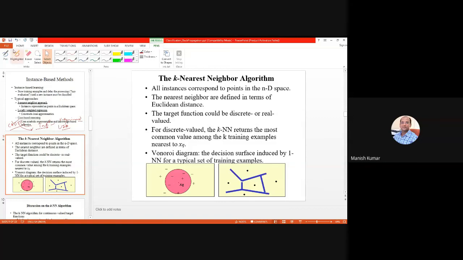So when I say this is x_q, this is some point you get. You can pick this point randomly, and then you look for k neighbors around it. This is one example of a Voronoi diagram, where these Voronoi boundaries are there, and you can apply one neighbor, the nearest neighbor, for training examples.